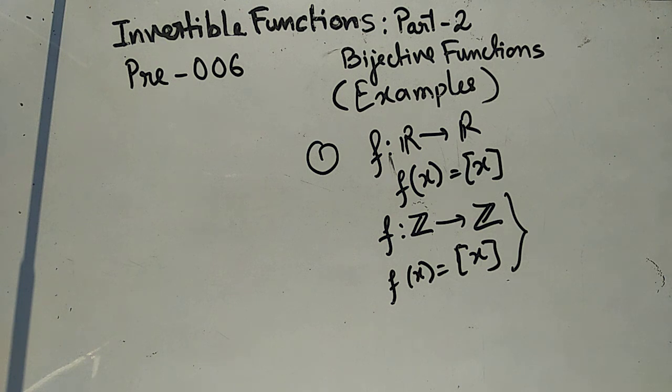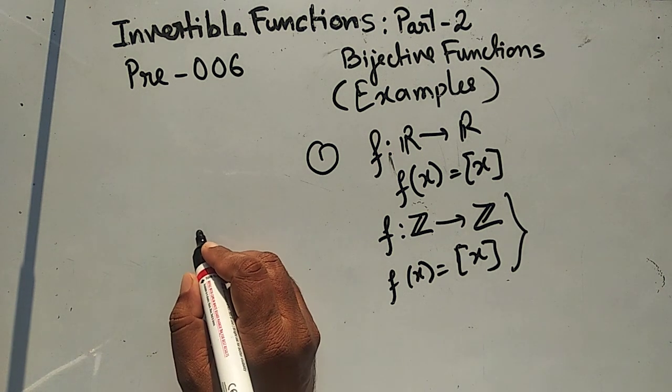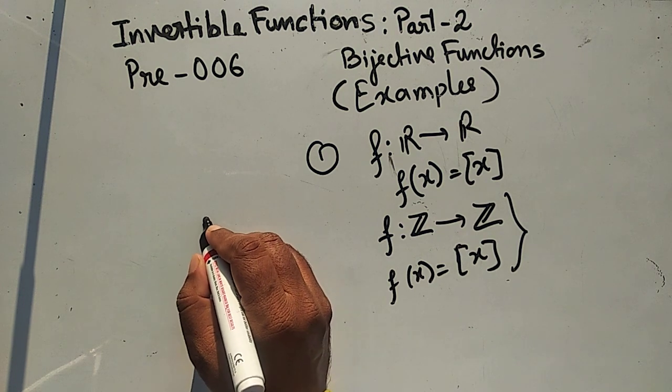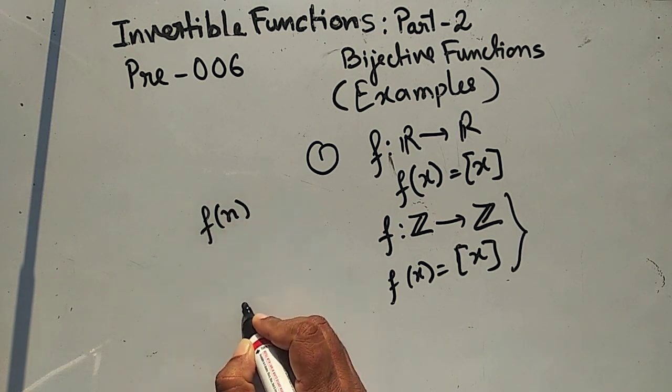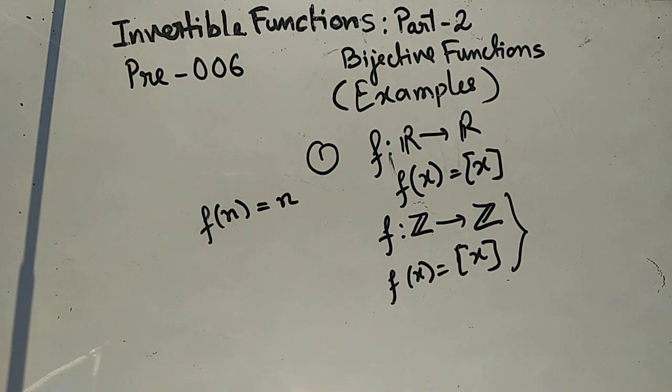Now what happens if greatest integer function is bijective? Then it coincides with the identity map on Z. It means if I take any n, then the result is nothing but n according to the definition of greatest integer function.